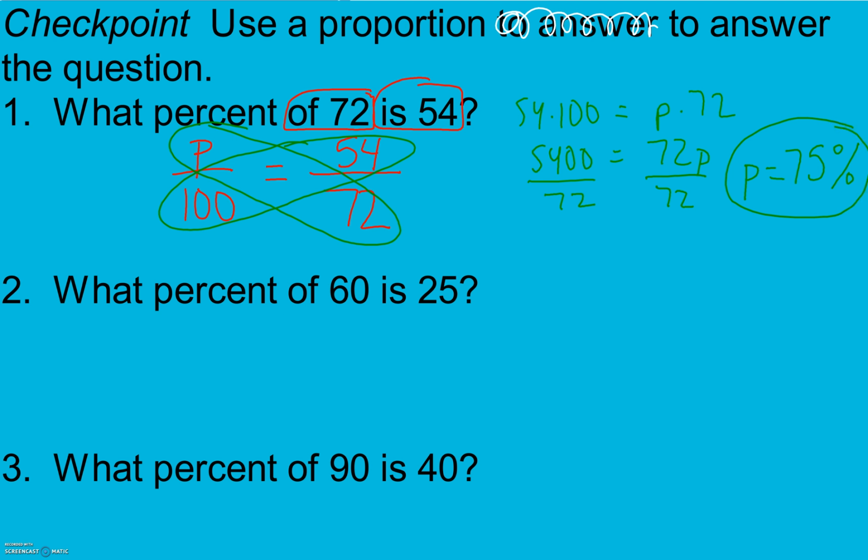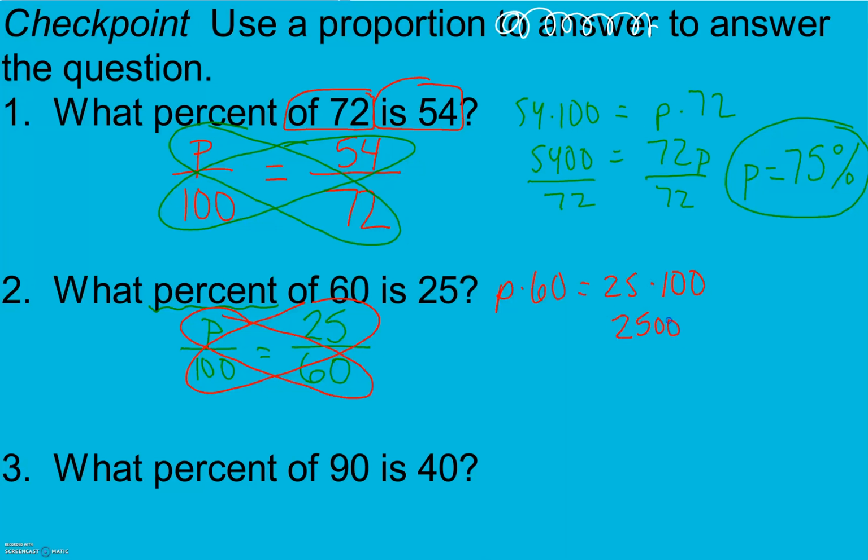What percent of 60 is 25? Same idea here. We're looking for what percent. So P over 100 equals, 60 is our base, and we want to know what part is 25. Again, to solve here, cross products. P times 60 equals 25 times 100.